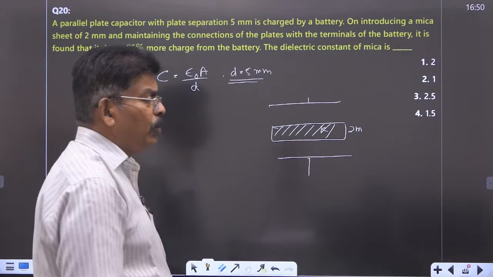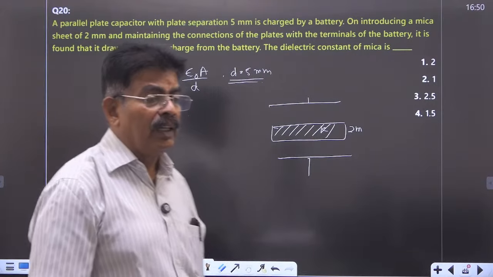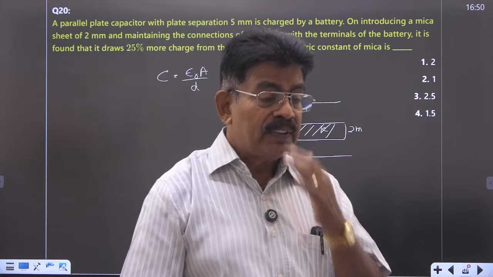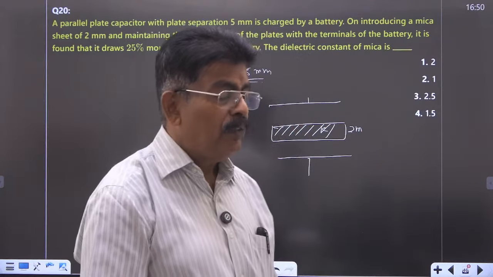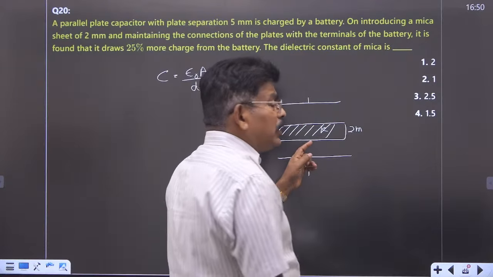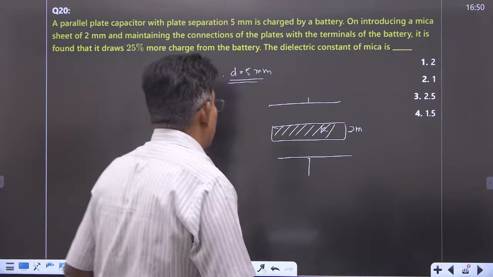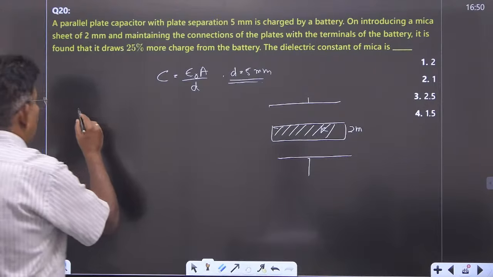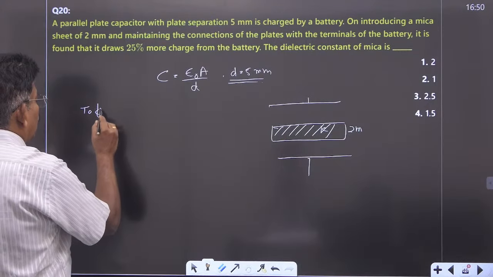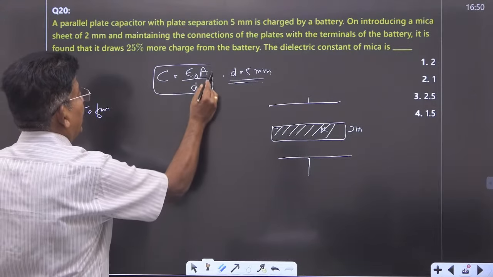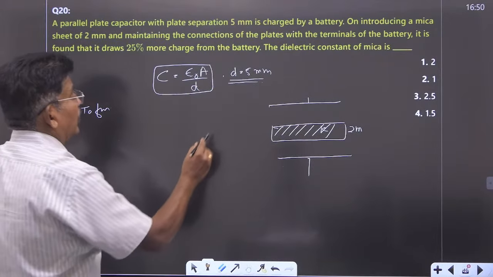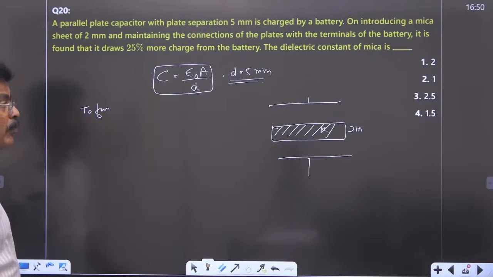And we are comparing a dielectric capacitor with an air capacitor. For that, we are calculating the effective air separation, to find initially completely air. So I have this formula epsilon 0 A by D, where D is 5 millimeter.